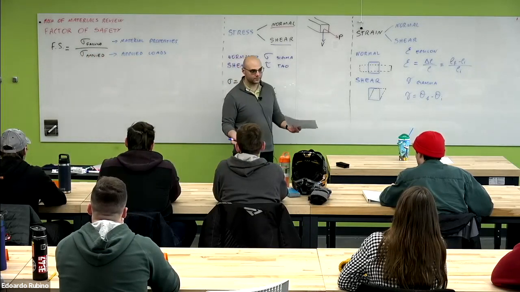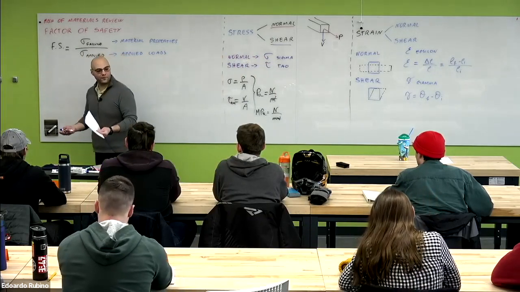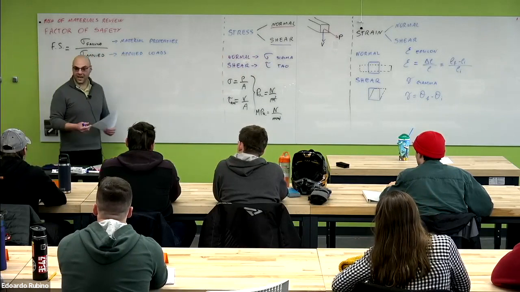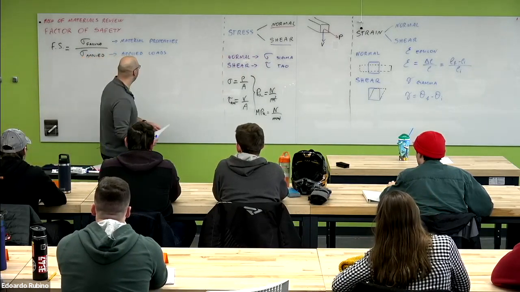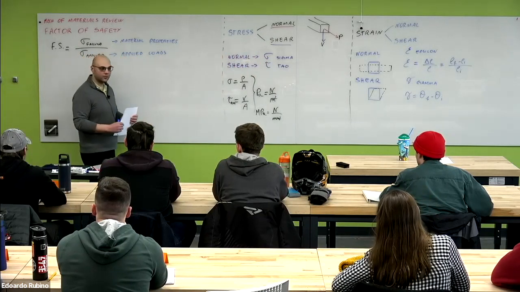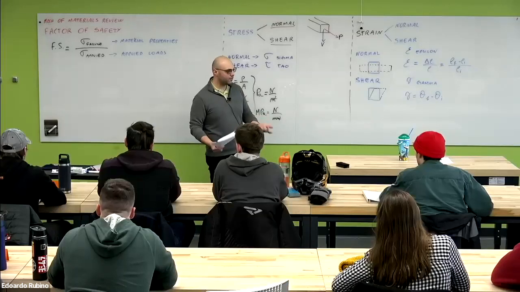Make sense? So in different fields, there are typical values of factor of safety. For example, for an aeronautical structure, the factor of safety can be on the order of 1.5, 1.6, where weight is very, very important.